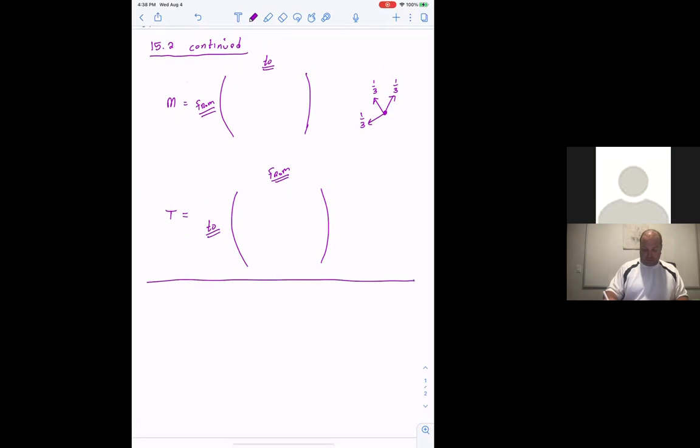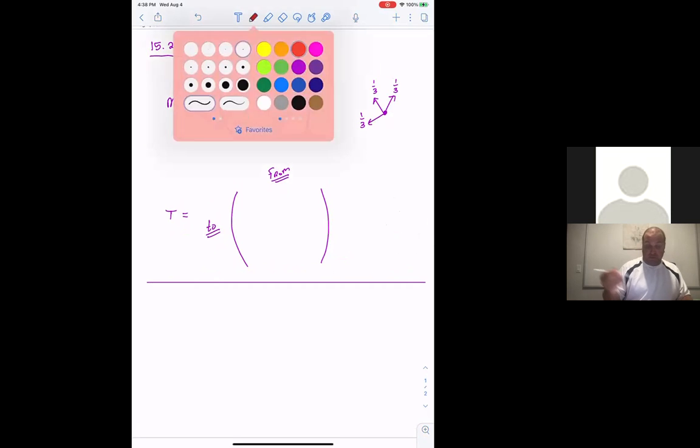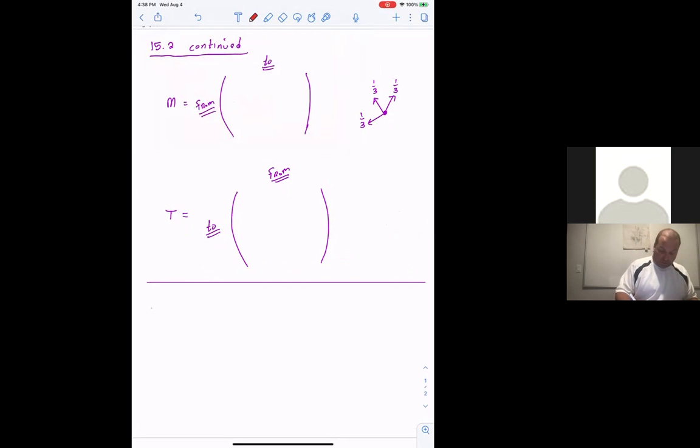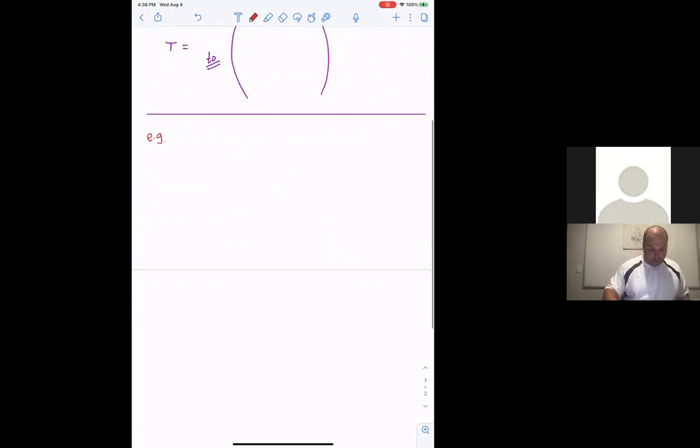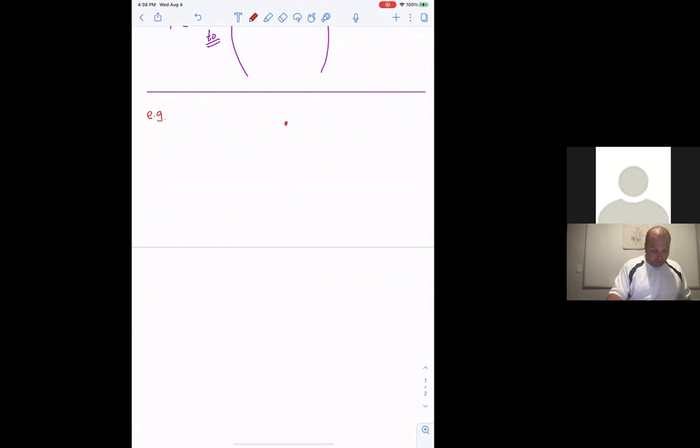So let's do an example, and then we'll jump directly into the exercises. And that will be it for section 15.2. So here's the example. Here's a graph. We have A, we have B, and it's a digraph, so we have a direction there.